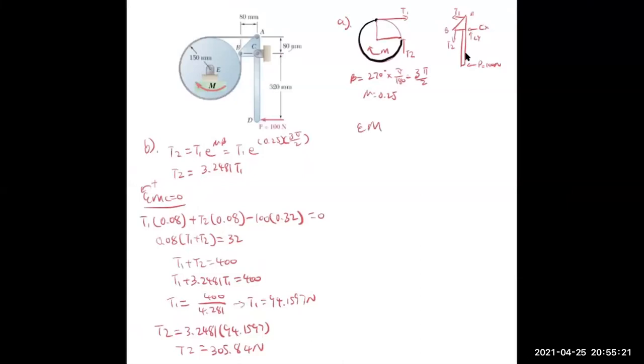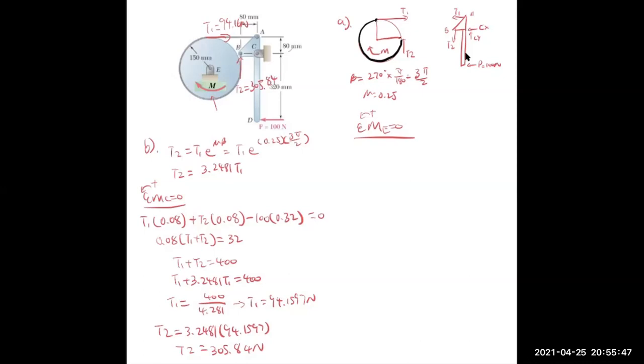Okay, and then let's find out what the moment is. Right here, we need to find out what this couple moment is. So let's take a moment about E, considering counterclockwise as positive. We know what T1 and T2 are. T1 is equal to 94.16, and T2 is equal to 305.84.